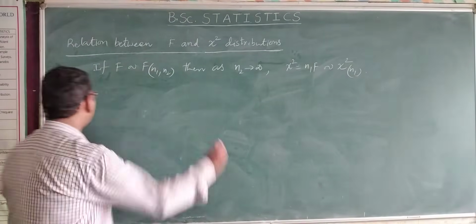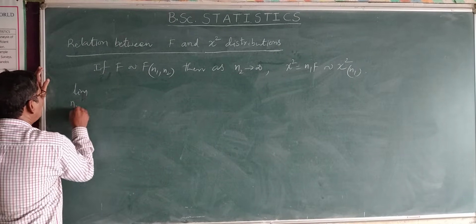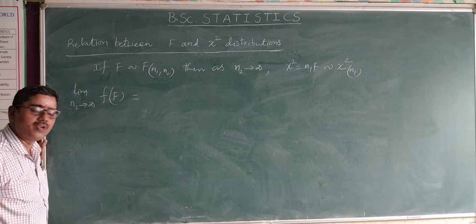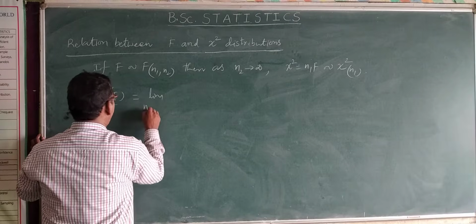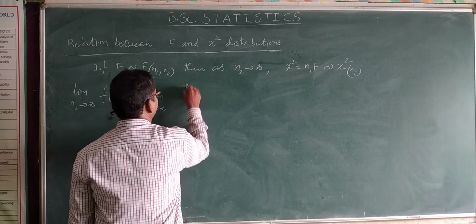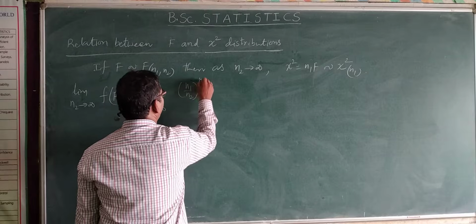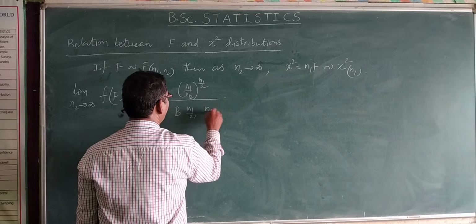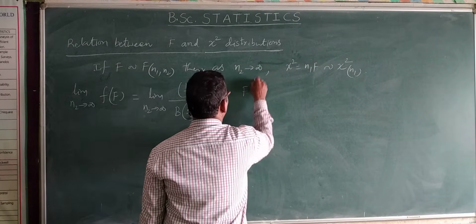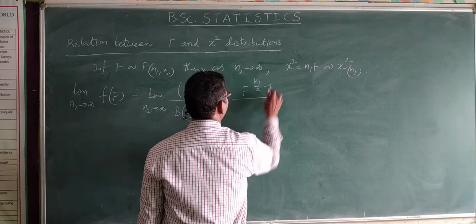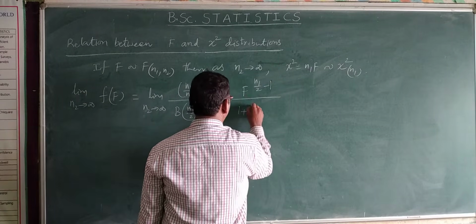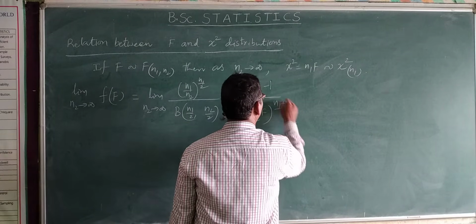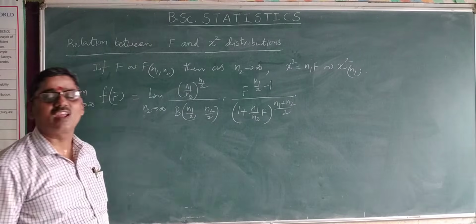So, limit n2 tends to infinity of f(F), the probability density function of the F distribution, which is (n1 by n2) whole power n1 by 2, divided by beta of n1 by 2, n2 by 2, multiplied by F power n1 by 2 minus 1, divided by (1 plus n1 by n2 F) whole power (n1 plus n2) by 2. This is the probability density function of the F distribution.